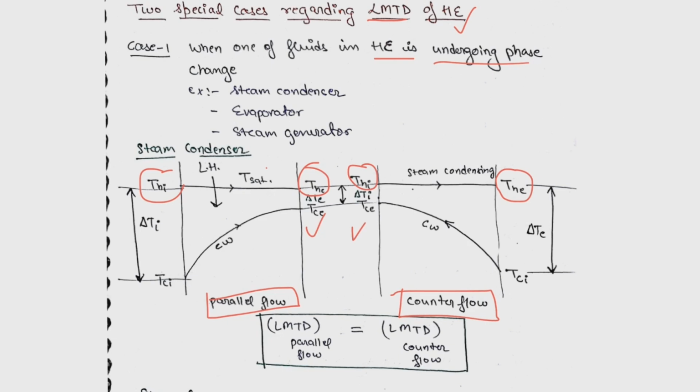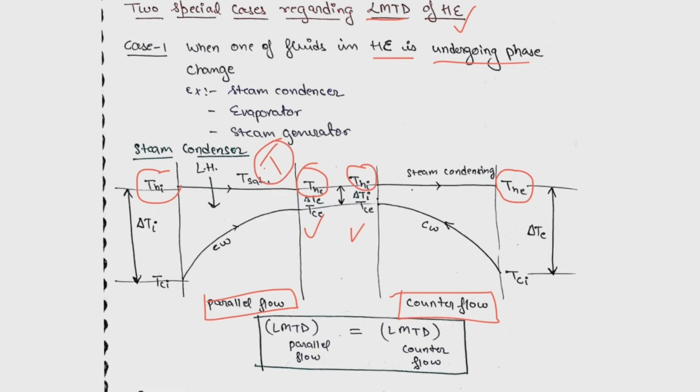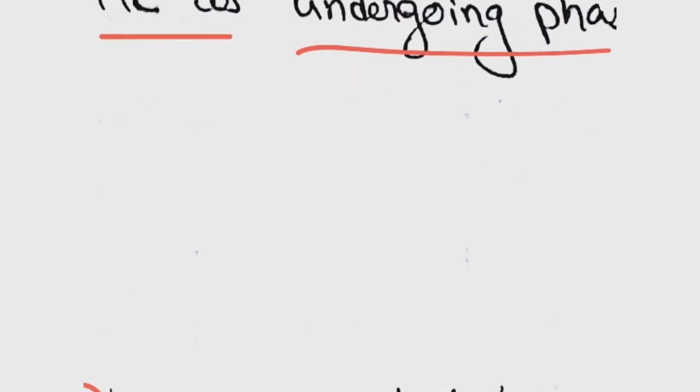Let us write LMTD for both parallel flow and counter flow and see whether they are the same or not. Before that, since both THI and THE are the same, we give them a new letter, T. Let us start writing the LMTD for both.